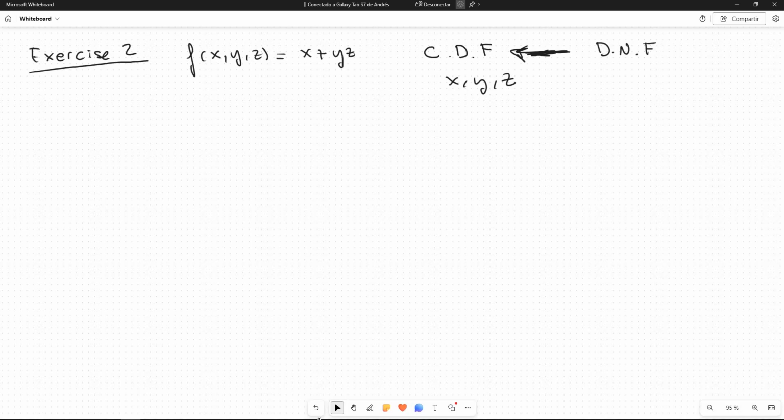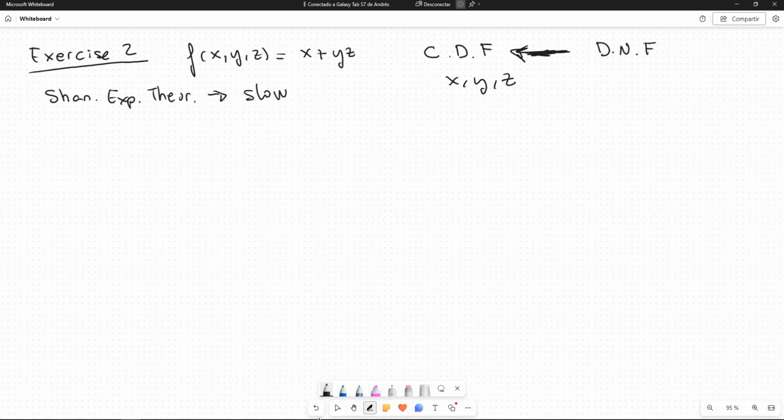So the Shannon expansion theorem is a way of doing it, but it's slow. It works, but it's slow. So I'm going to show you a new trick.